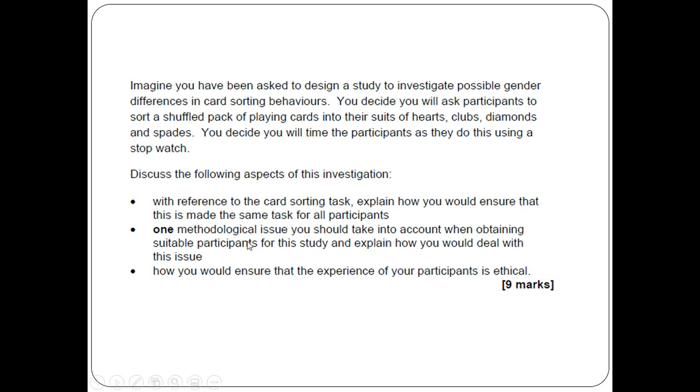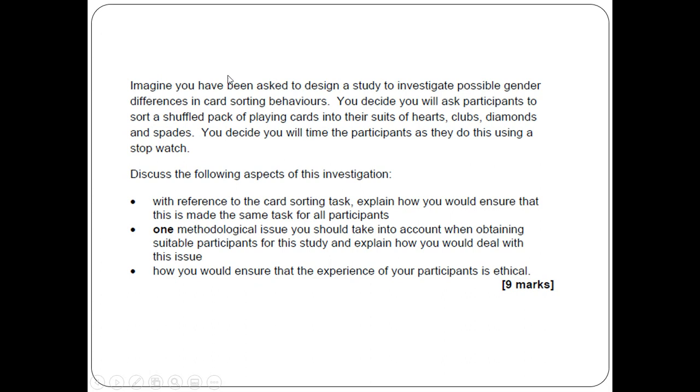So if they're a croupier or a magician and they sort a lot of cards, you would have to deal with that by maybe removing them from the sample, or maybe using matched pairs. If they have giant hands or tiny hands, they might be bad at sorting cards. That's a methodological thing. So it's all about card sorting and their experience of card sorting, and then ethics.